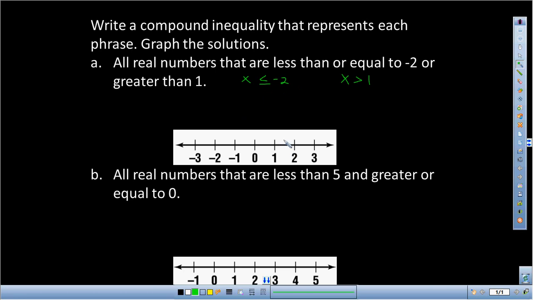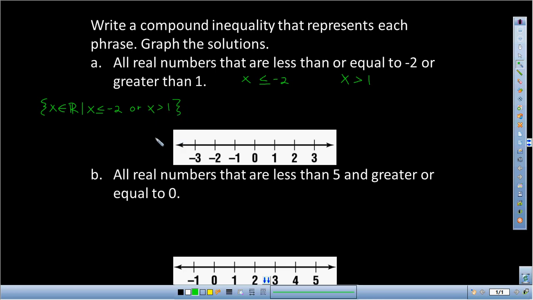Now before we graph the solutions here, I like to go ahead and write this compound inequality in both set builder notation and interval notation. With set builder notation, we would say that the possible solutions are represented as x as an element of the real numbers, such that x is less than or equal to -2, or x is greater than 1.